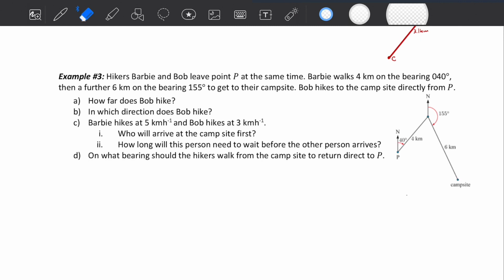Let's do example 3. We have hikers Barbie and Bob, and they leave point P at the same time. Barbie walks 4 kilometers on a bearing of 40 degrees, then a further 6 kilometers on a bearing of 155 degrees to get to their campsite. And Bob hikes to the campsite directly from point P. We have to solve these 4 questions.